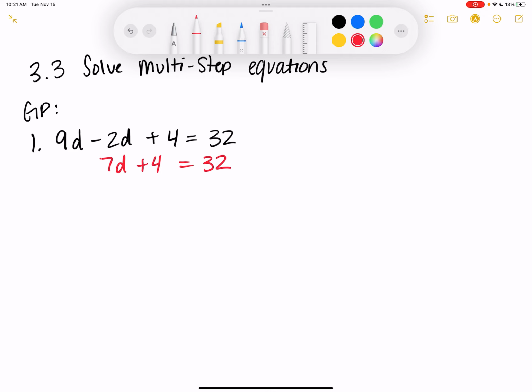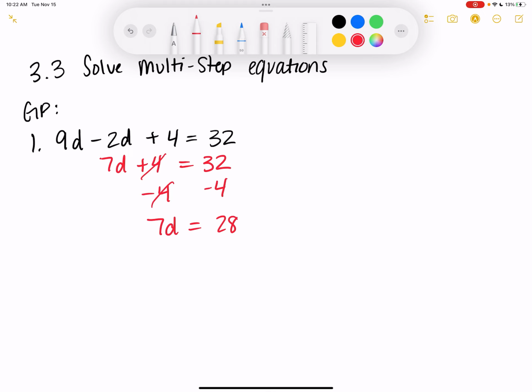So what would my next step be? Subtracting 4, and then subtracting 4 over 32. So I'm left with 7d on the left. 32 minus 4 is 28. Yep, 28. And then what do I need to do?